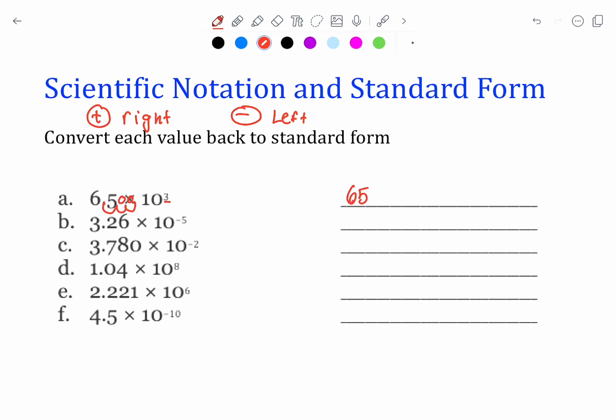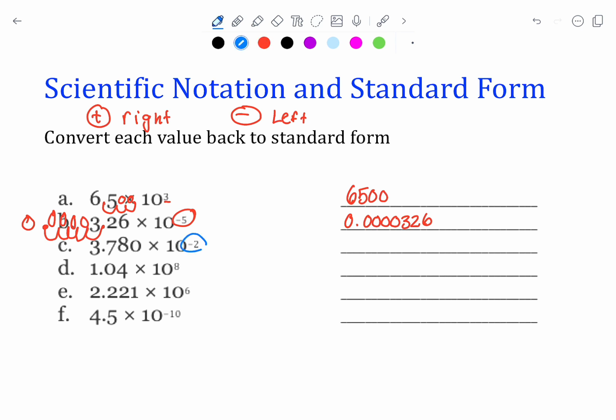That would be 6,500. Here we have a negative 5, so we're moving it to the left, 5 spaces, 1, 2, 3, 4, 5. So that's our new decimal place. We're going to have a 0, a decimal, 0, 0, 0, 0. So this would be 0.0000326.